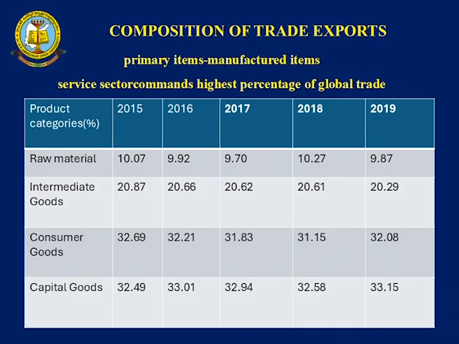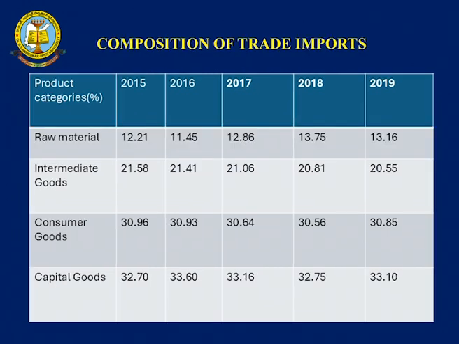Then, in the recent era, it has included not only manufactured items but also the service sector, which commands the highest percentage of global trade. The composition of trade exports is raw material, intermediate goods, consumer goods and capital goods, and the same products are included in the composition of trade imports.